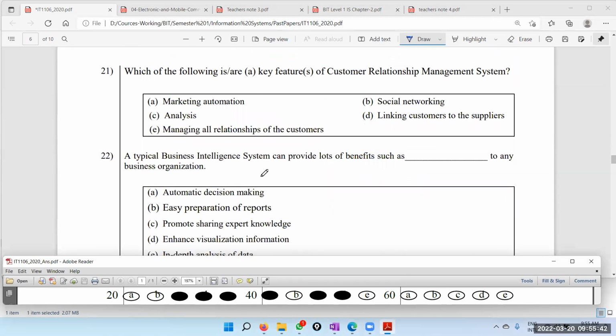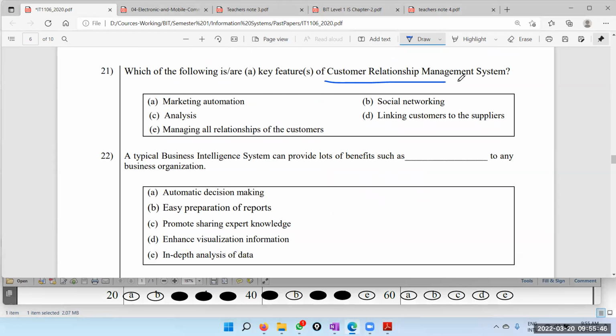Question 21. Which of the following is/are key features of CRM, customer relationship management, the system that we use to manage a good relationship with the customer? Features: marketing automation. Yes, we can automate marketing with the help of CRMs.